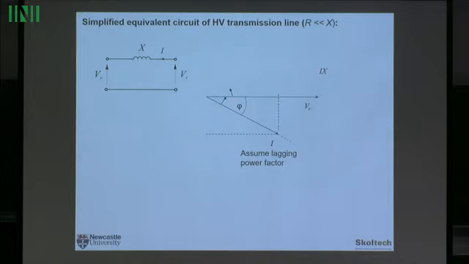The voltage drop Ix will be in this direction, and because Vs is equal to VR plus Ix, I add the vectors. This is the way you add the vectors, of course. I put the vector Ix starting here and over there, and the total vector Vs completes the triangle. So this is how you build a typical phasor diagram.